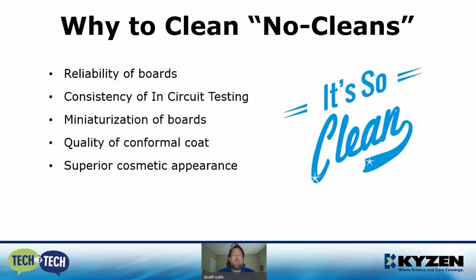The quality of your conformal coat. If you're putting a bumper sticker on your car, you always wash it down before you place the bumper sticker down. It's a really simple concept of what's going on with conformal coat. If we don't have that clean surface for the conformal coat, it's got less of a chance of sticking well and lasting through the life of the product.